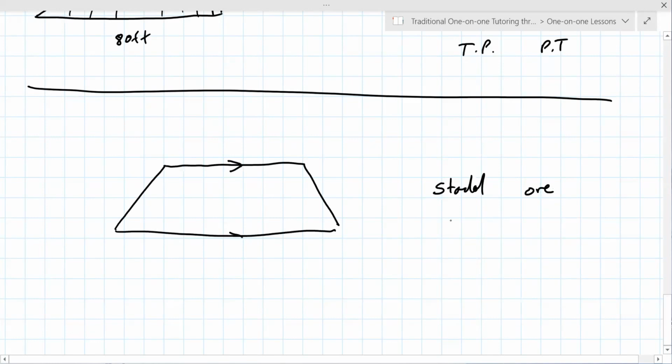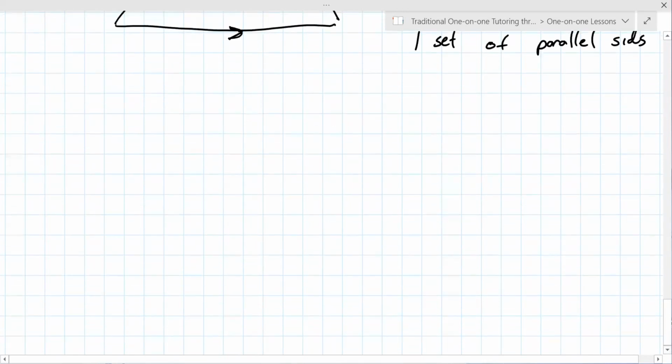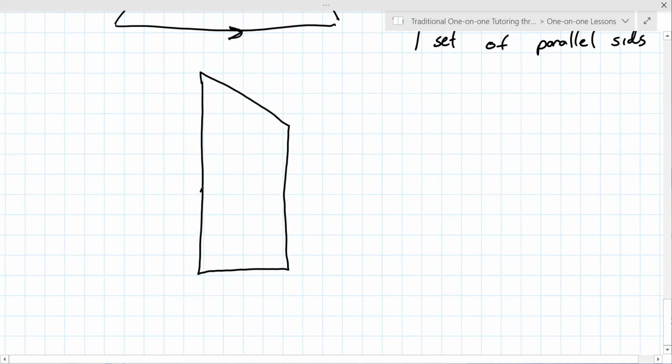Trapezoids have one set of parallel sides. Do you see how these are parallel, and that's why I've drawn the little lines there? Yes. Now you're not going to like this, but this is the other kind of trapezoid that you'll probably see on your exam. Is this a trapezoid?